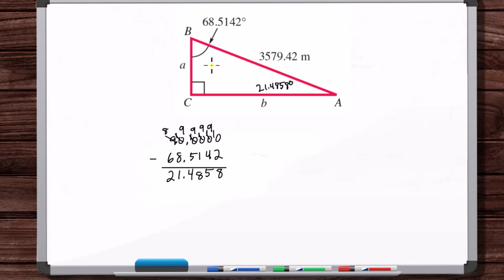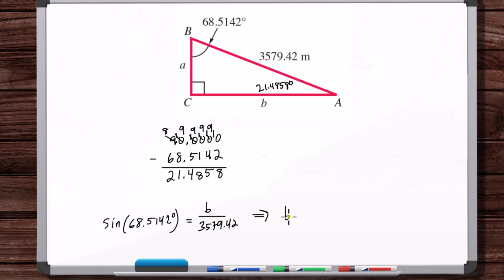Okay, now we wouldn't want to do tangent, right? Because we have two unknowns, but we can do the sine of this angle. So sine of 68.5142 degrees is equal to opposite over hypotenuse, 3579.42.